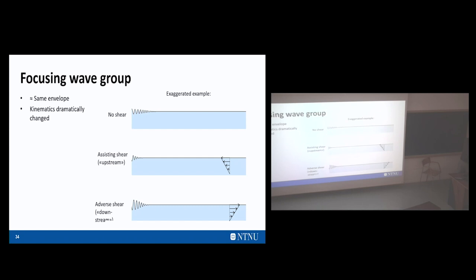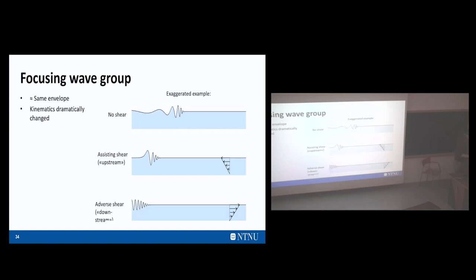This is very exaggerated, but here I'm looking at waves that are dispersively focusing to a Gaussian wave around here. And you will see that there is some extremely strong shear here, just so that you see the effects, but it's the same in the Columbia River profile. If you look at the envelope of this focusing wave, it's really very similar. This is without shear, and this is going against the current. So what you have is assisting shear upstream, let's say.